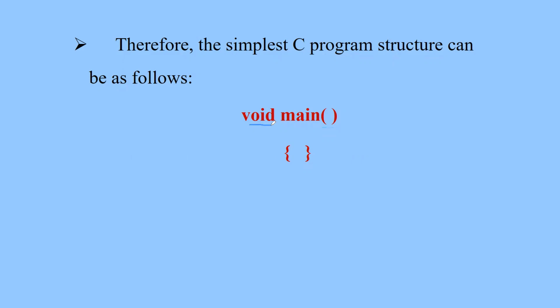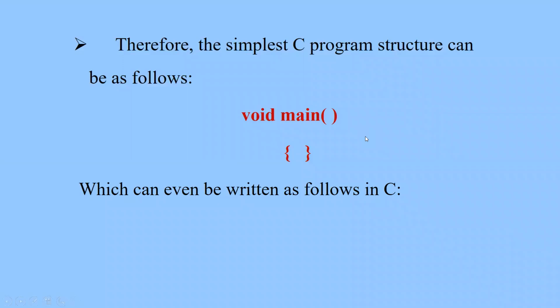It is not expected to return anything to any other function, and there is nothing to be done. But it is a complete program. It has no errors. It has the main function, and the function has the parentheses. Then it has the left brace, indicating the starting point of the function, and the right brace, indicating the end of the function. That's all. So this is called the simplest C program.